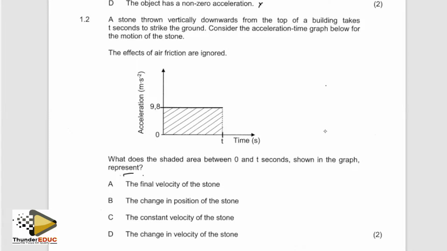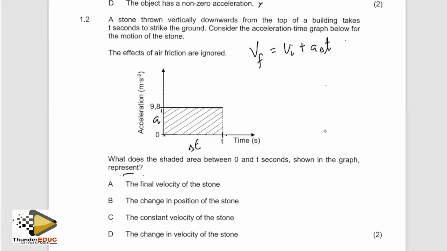We can use the first equation of motion, where Vf is equal to Vi plus a delta t. The area under the graph: this is the acceleration, and this side is basically the change in time.